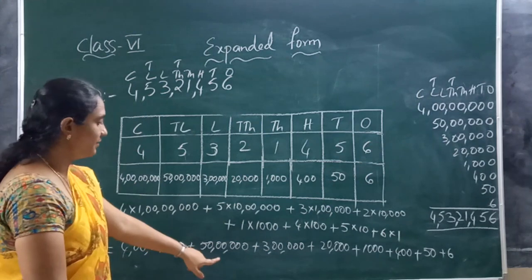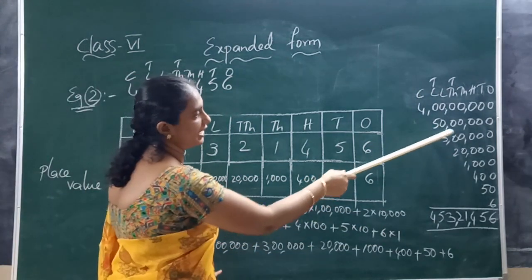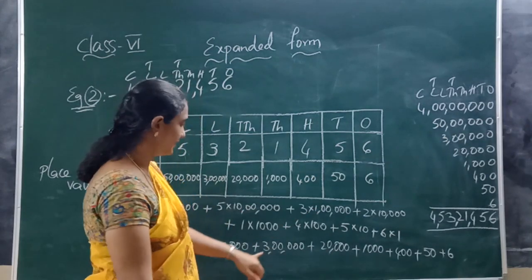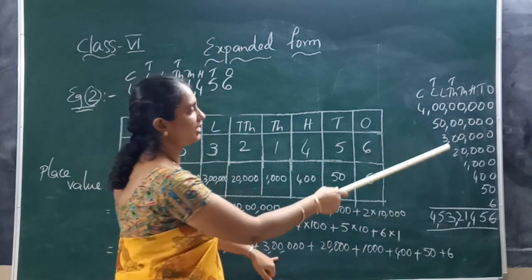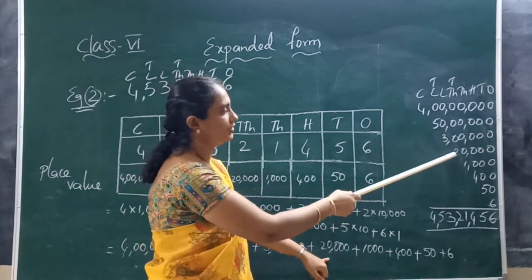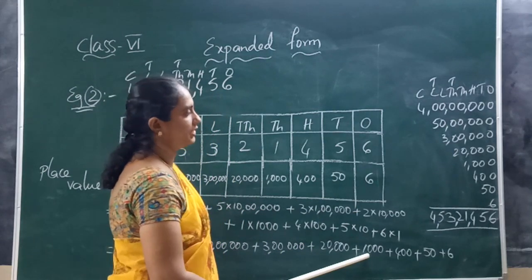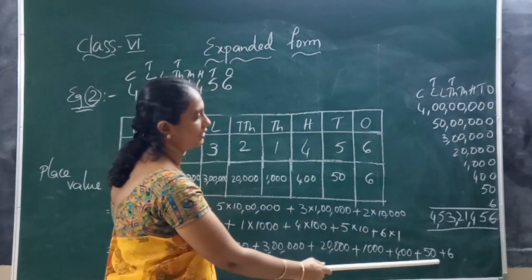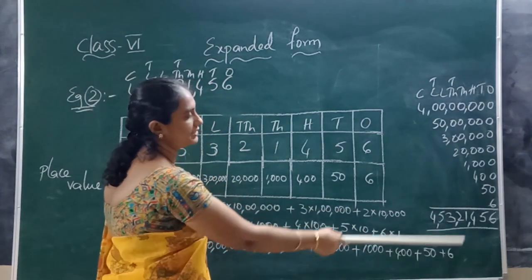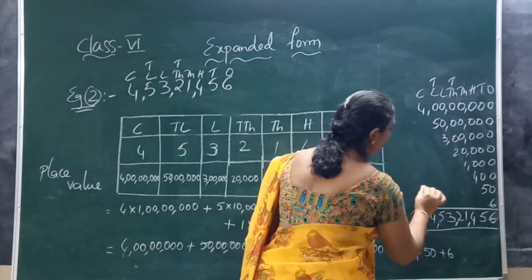Next, second number 50 lakhs, so right here 50 lakhs. Next 3 lakhs, right here. Next 20,000, right here. Next 1,000. Next 400. Next 50. Next 6.